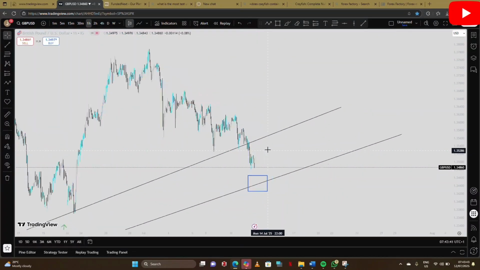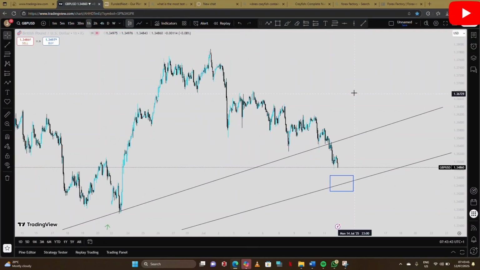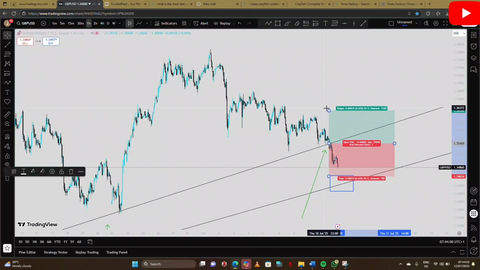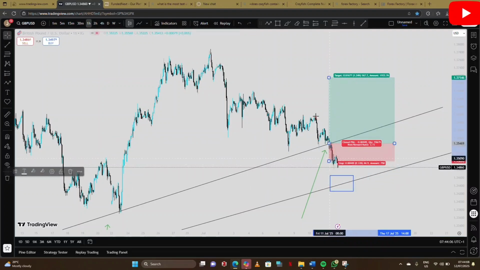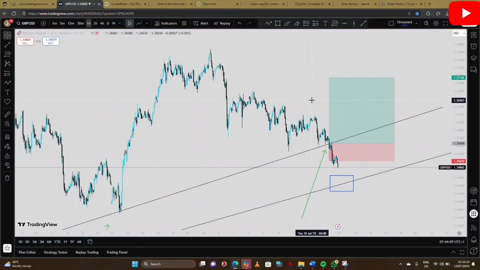Normally we were expecting a third bounce here for us to buy this market. That's what we'd be expecting for the third bounce, for the market to come there and buy.